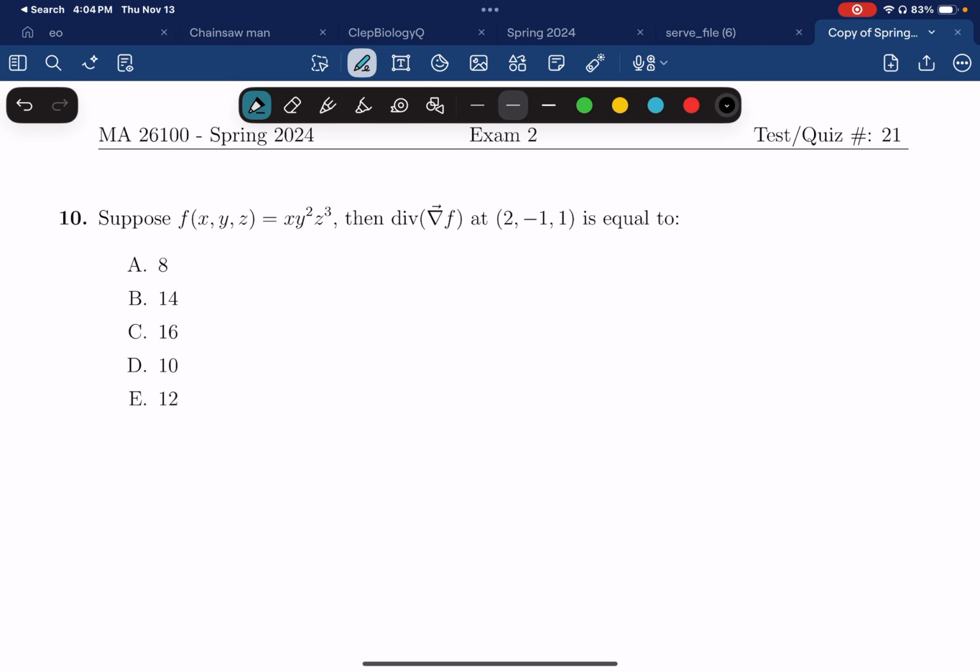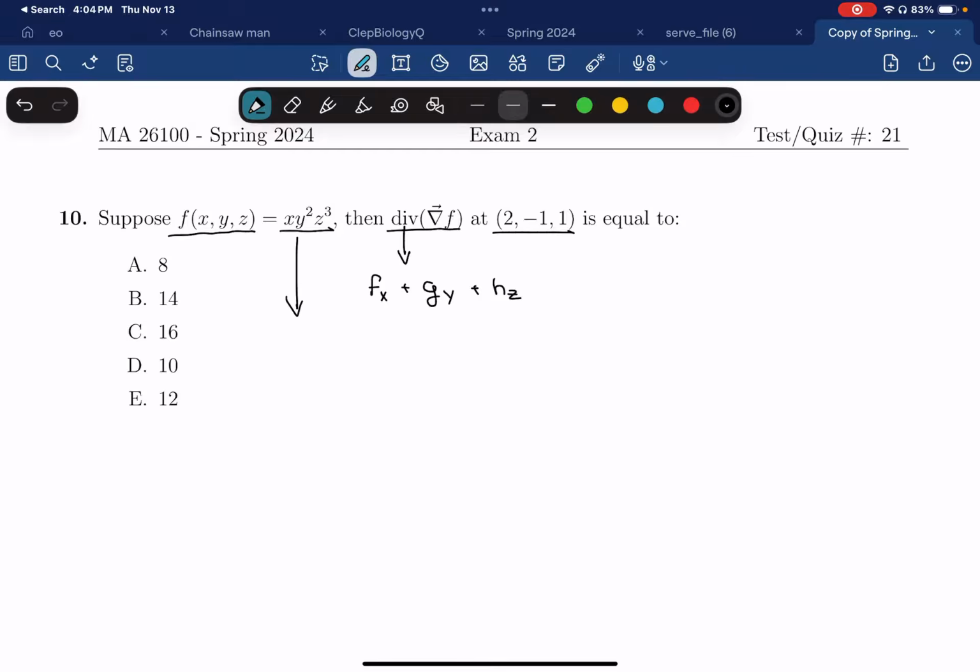Okay, suppose f of x, y, z is equal to x times y squared times z cubed. Then you have to find the divergence of the gradient of f at (2, -1, 1). So the divergence, remember, is the partial derivative of x with respect to f plus the partial derivative of y with respect to g plus the partial derivative of z with respect to h.